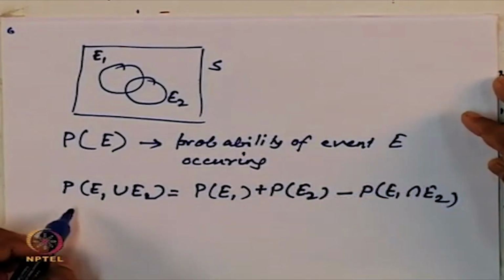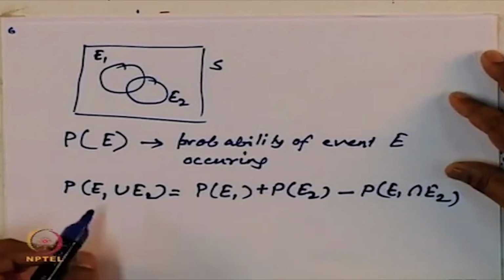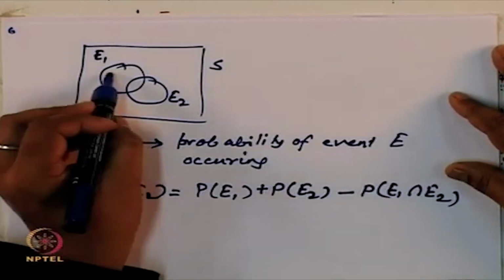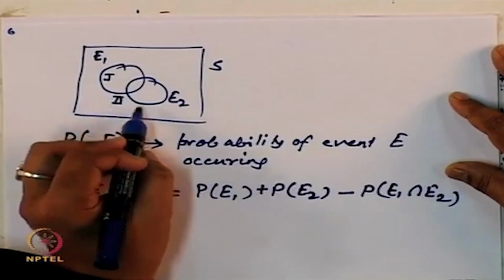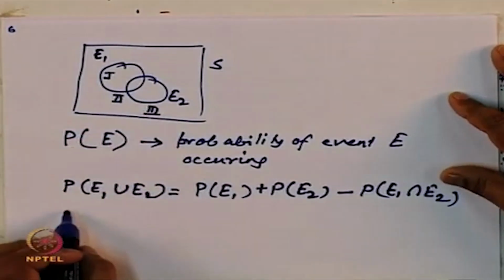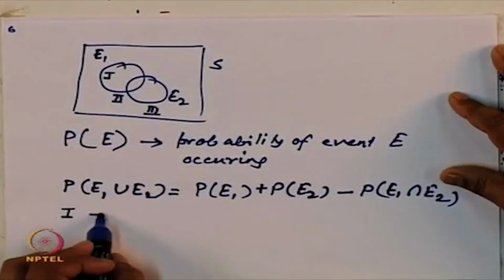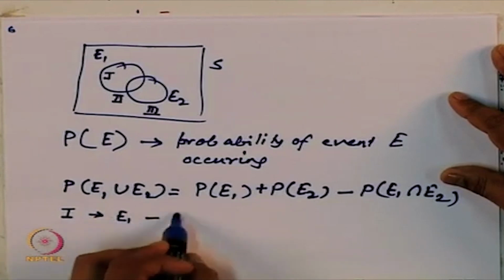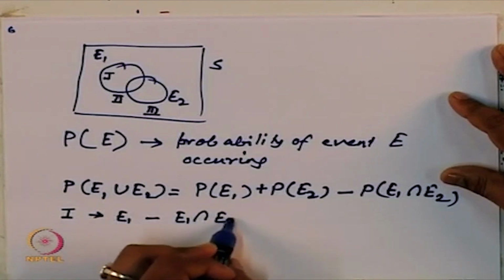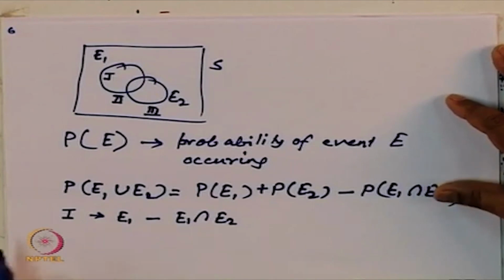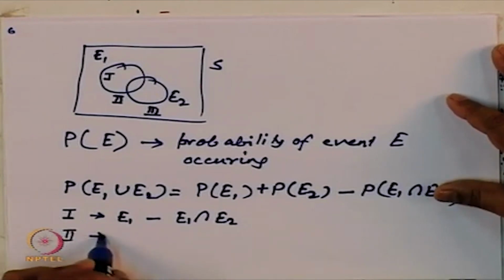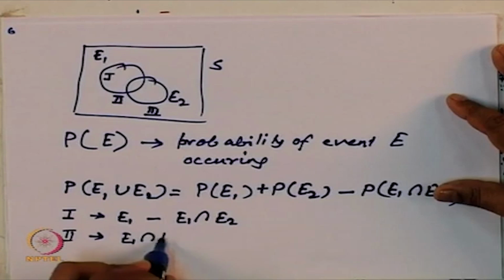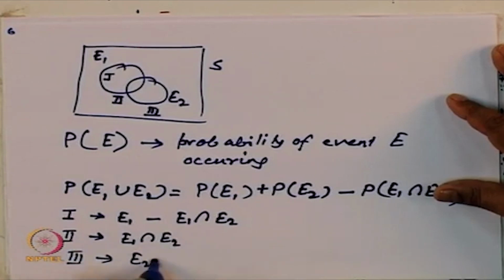Let us see how we can get this expression. We can use the earlier step. We again break it down into 3 segments 1, 2, 3. Area 1 is E1 minus E1 intersection E2, 2 is E1 intersection E2, and 3 is E2 minus E1 intersection E2.